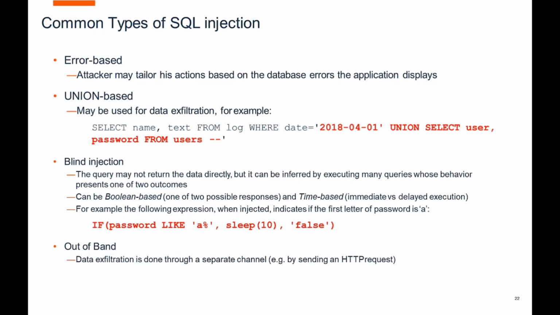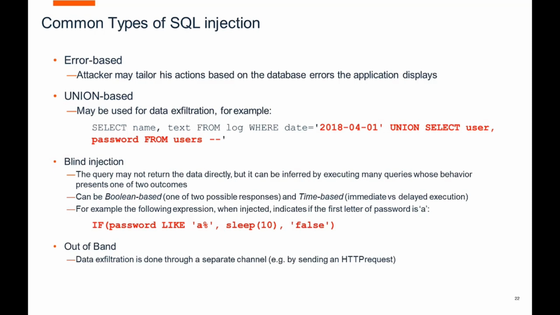So when the attacker executes this expression, if they guessed correctly, the response will come back 10 seconds or 10 milliseconds, I'm not quite sure, but will come back delayed. Whereas for all other characters they try, there will be no delay. So by being able to execute, let's say, 26 queries to account for all the letters in the English alphabet, they will be able to know the first letter in the password.